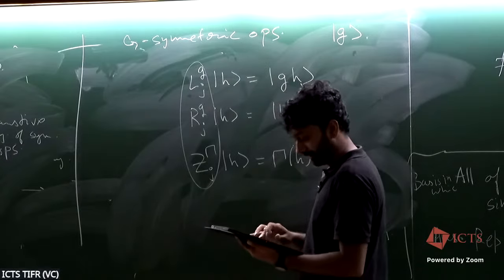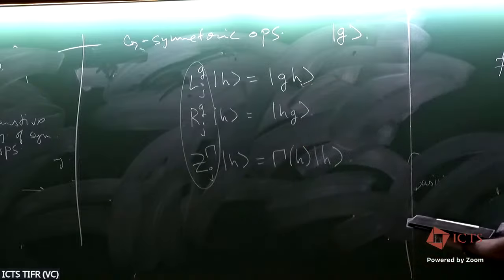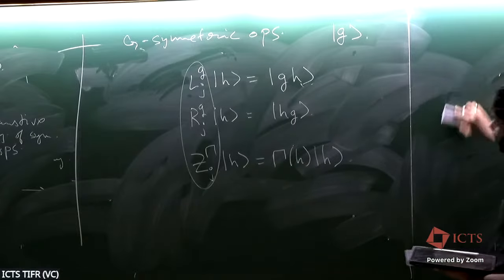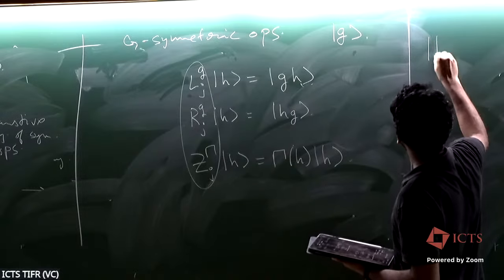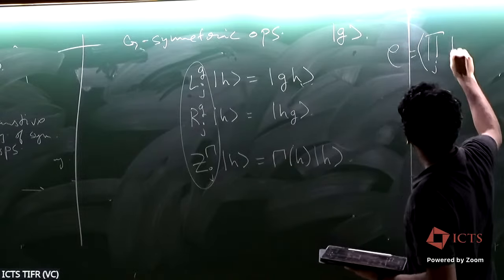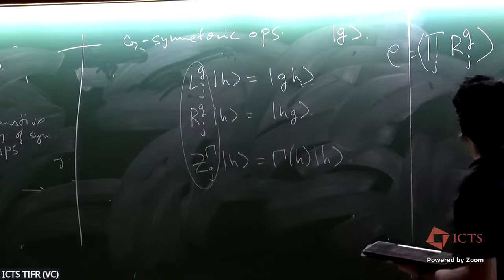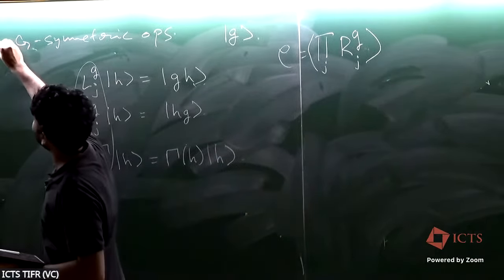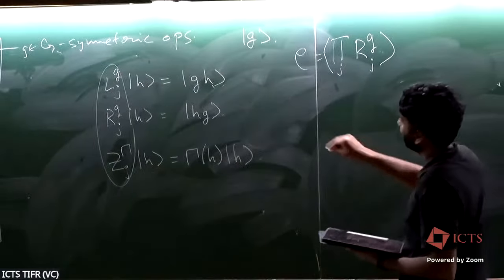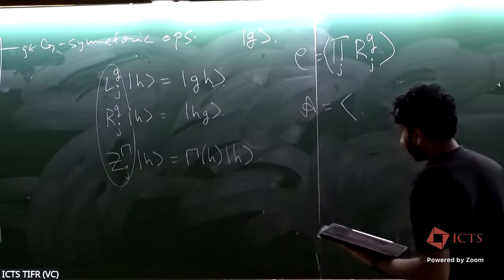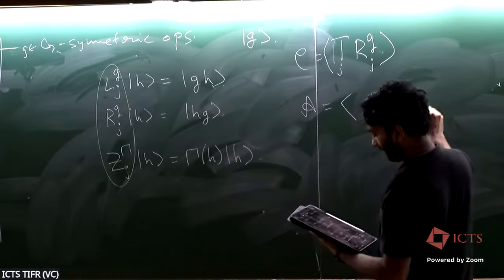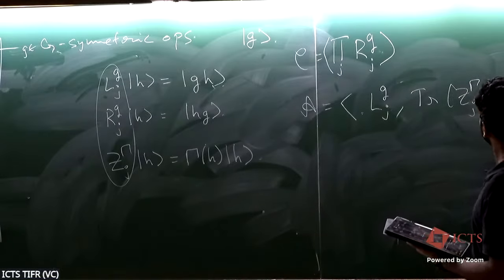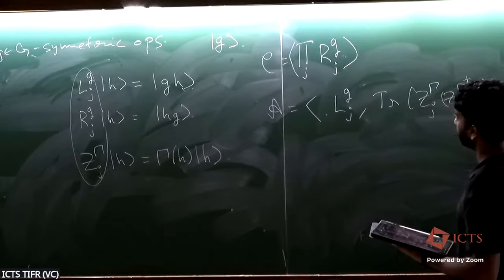Right? And you can show that the bond algebra, if I want my symmetry operators to be G symmetric, so suppose I want the commutant to be the product of RG, G, so this forms a group, where G is chosen from this group, capital G. You can write down the bond algebra for this to be something like LG and trace of Z gamma, J plus 1, and there is a dagger here.